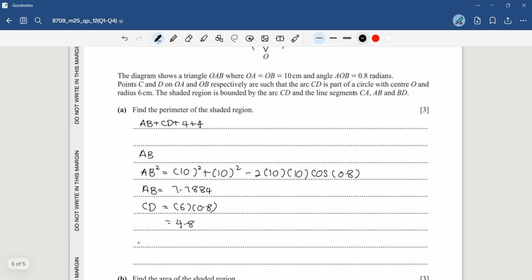Therefore, the perimeter will be 4 plus 4 plus 4.8 plus 7.7884, so it's going to be 20.6. Your final answer you can give in three significant figures. But for your earlier calculation, using 7.79 is not advisable, because it will affect your final answer. Okay, so 20.6.